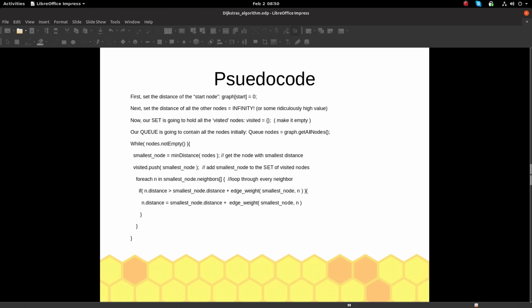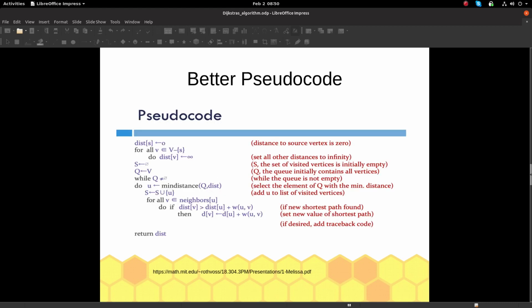If the value of the current smallest node's cost plus the edge connecting them is less than the current cost of the neighbor, we'll update the neighbor's cost. If not, we leave it alone. We continue this until there are no more nodes within the queue, and then we're done. Here is some better pseudocode, a little bit more professional looking, for a reference.